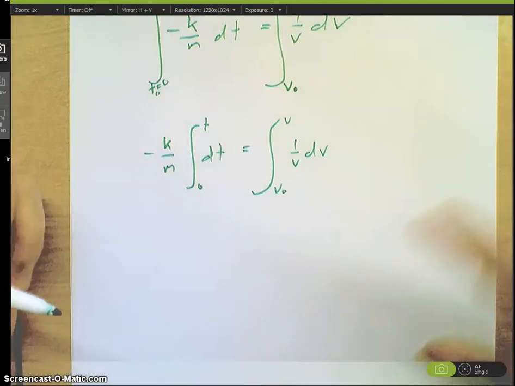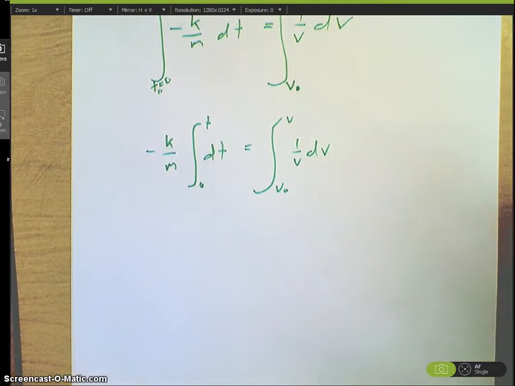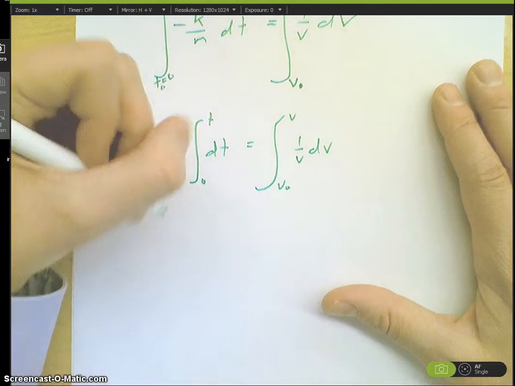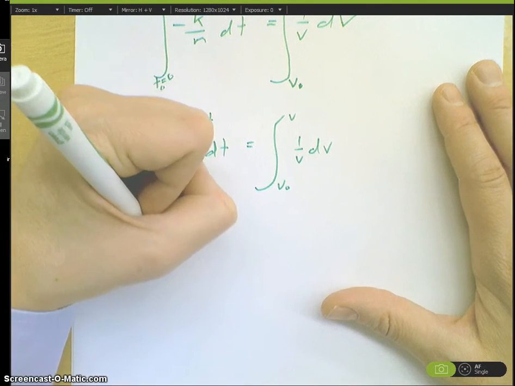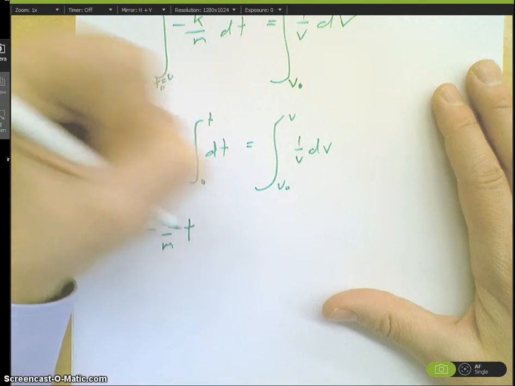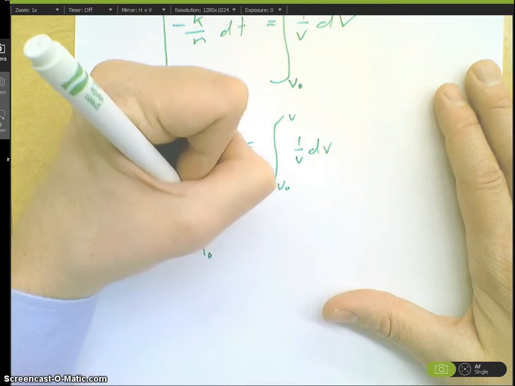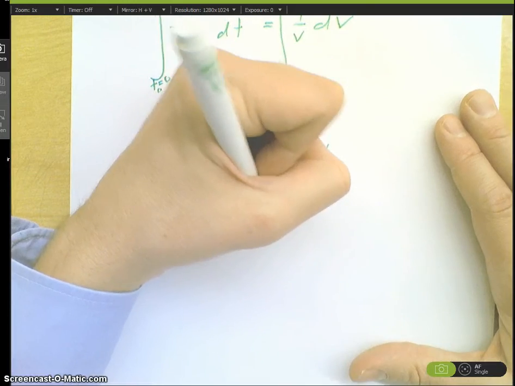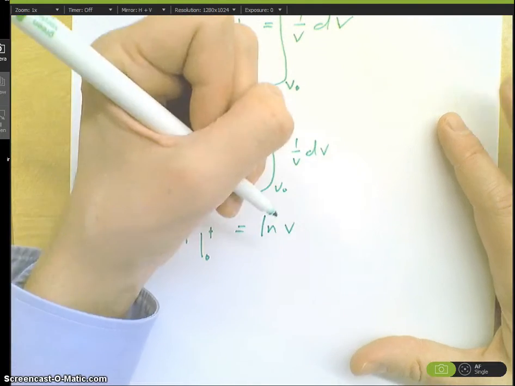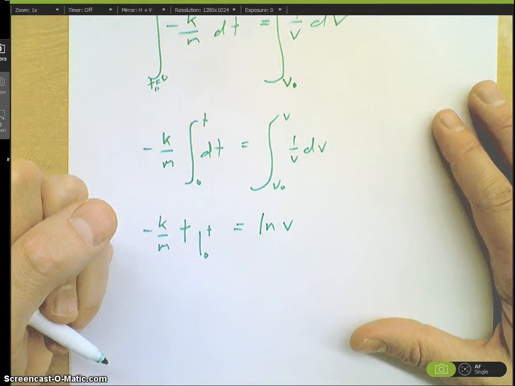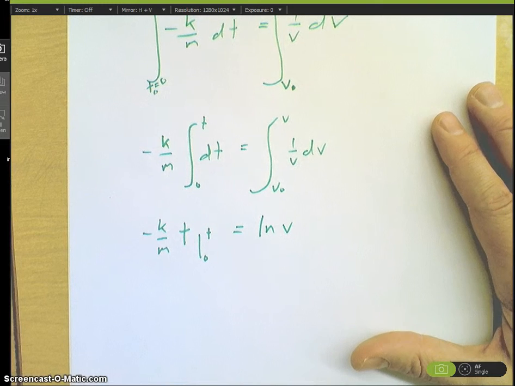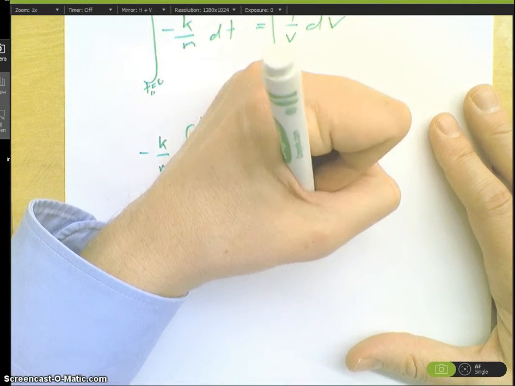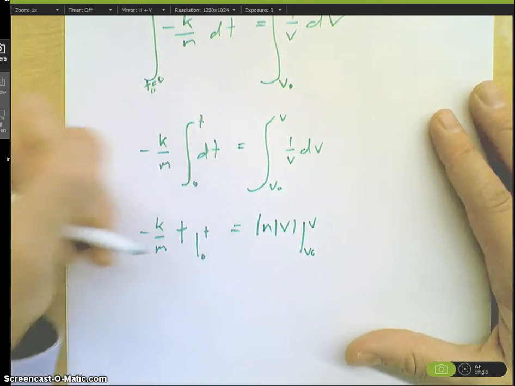If you look at the list of shortcuts, what would the integral of this become? Yeah, it just becomes t, from 0 to t. The integral of this one becomes the natural log of V, and that goes from V0 to V. So these things right here mean it's a range.